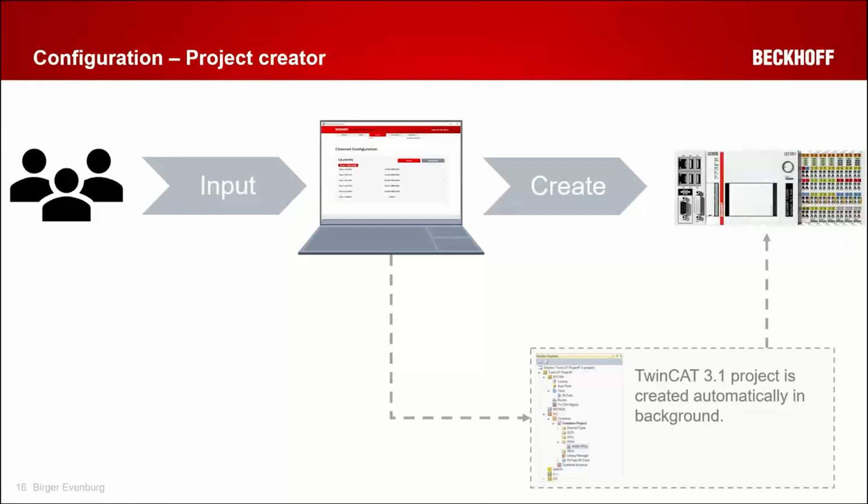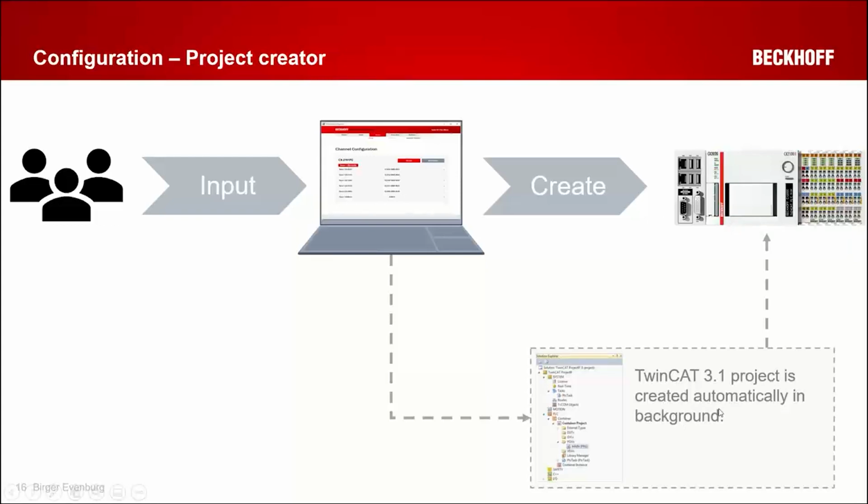Overall, the TwinCAT FlexMeter can be defined as a template creator for a TwinCAT project. So the first step is the user has to do inputs into the FlexMeter graphical user interface. And in the background, the configurator of FlexMeter is creating a standard TwinCAT project, which will be, after the configuration process, sent to the controller.